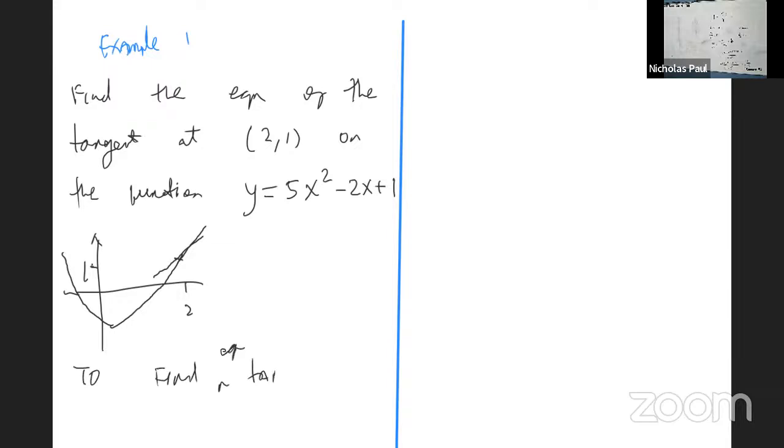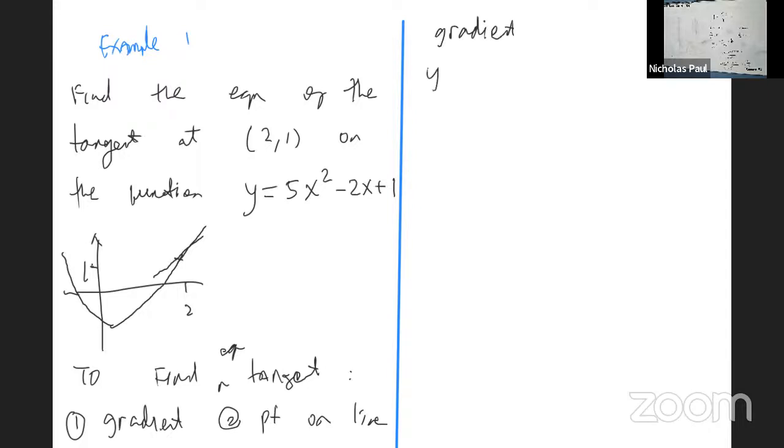To find the equation of the tangent, we need 2 things. Number 1, gradient, and number 2, a point on the line. So how are we going to get a gradient? We have to differentiate. So y = 5x² - 2x + 1, so dy/dx is how much there? 10x - 2. Right. How do we get the gradient of the tangent?